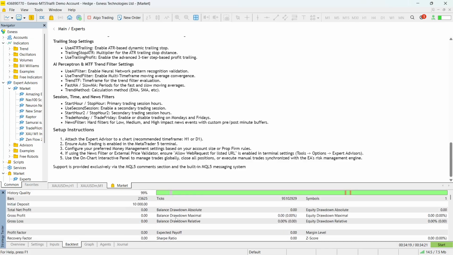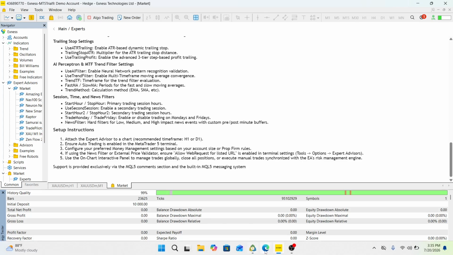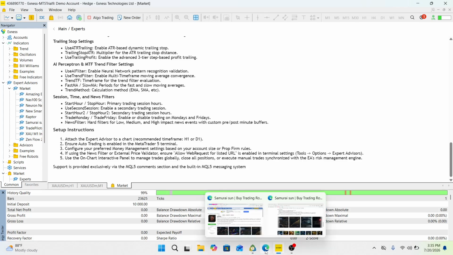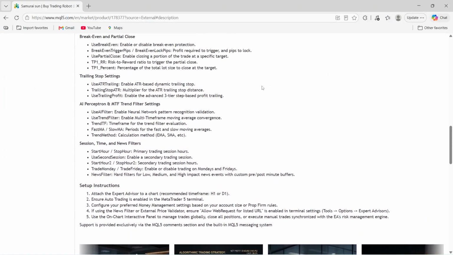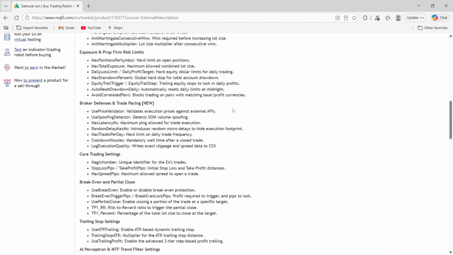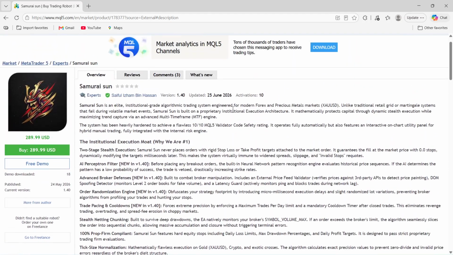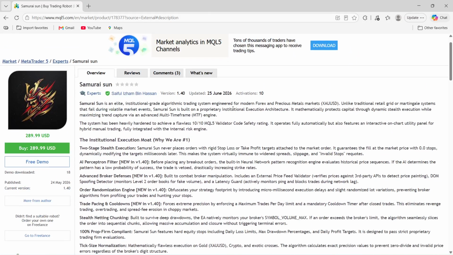Probably because the system's internal parameters didn't see any suitable conditions for it to actually take a trade. So I would say it's actually spot on with the claims of advanced risk protections, but at the same time, this isn't really an EA for traders who are really into fast-paced trading or want consistent trades or consistent results.